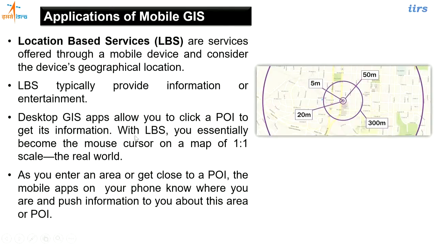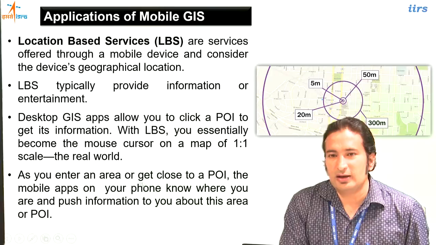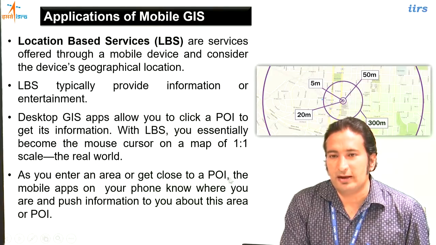If we take some examples of mobile GIS, we have location based services. This is one application of mobile GIS. We can perform any kind of location based application or services using mobile GIS. For example, as you enter an area or get close to a point of interest, the mobile app on your phone knows where you are and gives you information about this area or the POI.